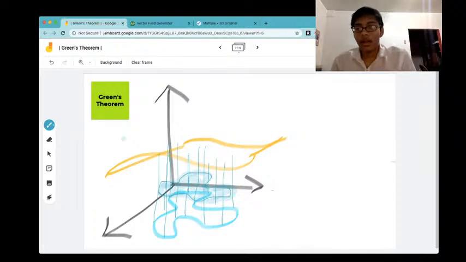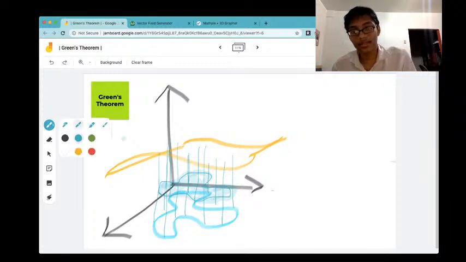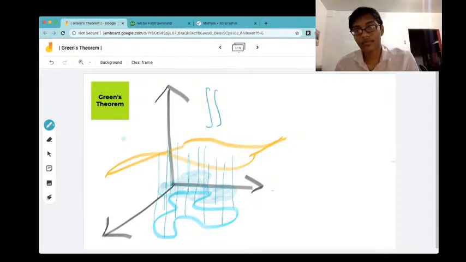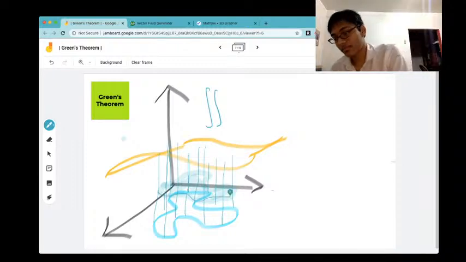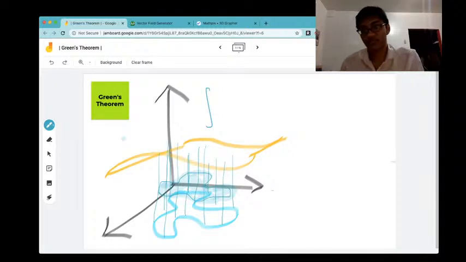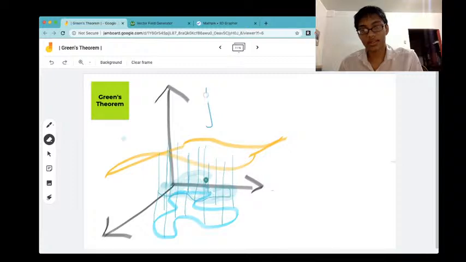Now, we know what the right-hand side of the equation is saying, right? That double integral right there is saying what? Let me actually write here. So that double integral tells us the following. Yikes, this isn't the optimal drawing solution.